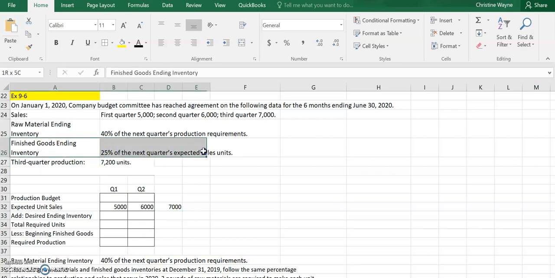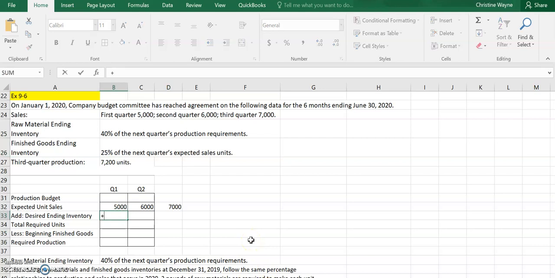Because we're working only on the production budget right now, we're only concerned with our finished goods ending inventory, which is 25% of the next quarter expected sales units. So for our desired ending inventory in quarter one, we're going to take quarter two's expected sales and multiply that by 25%.